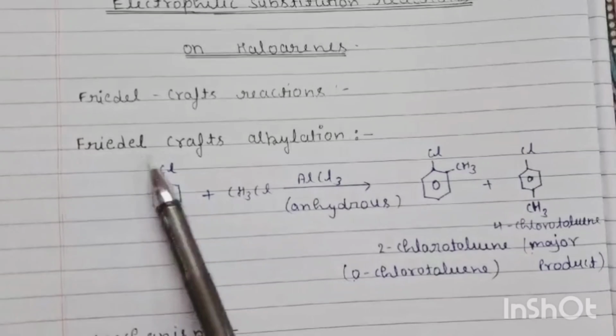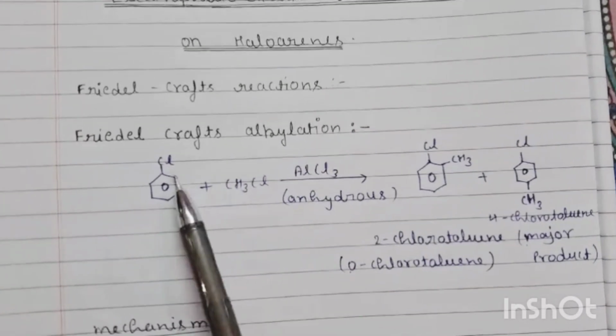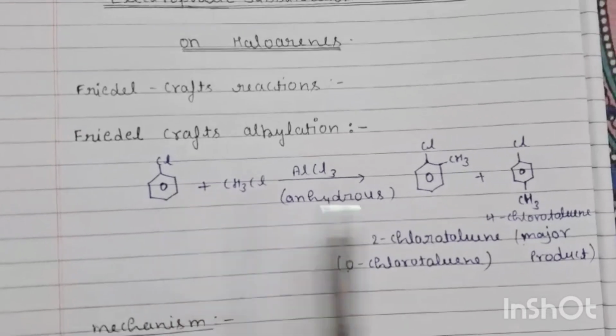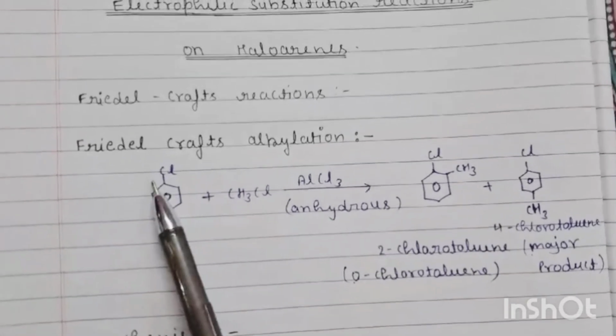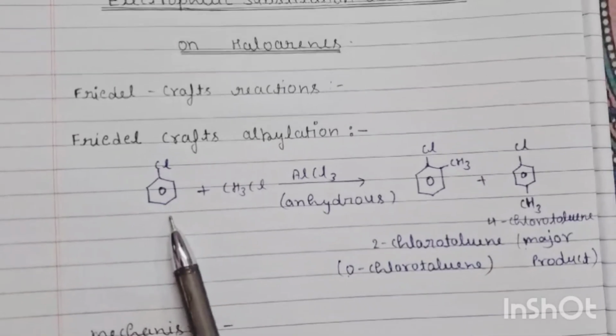So in Friedel-Crafts alkylation, the alkyl group is attached to the ortho or para position, because halogens are ortho or para directing groups.